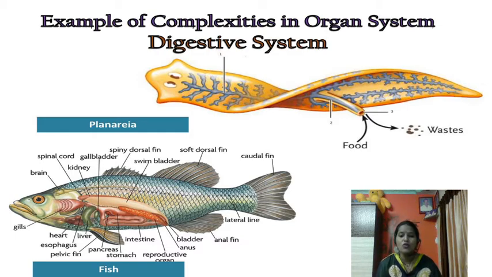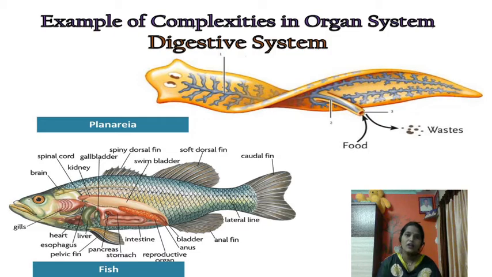It has a single opening in the body which serves both as a mouth as well as anus. That means food can be taken inside the body through the same opening, and through the same opening waste material is thrown out from the body.